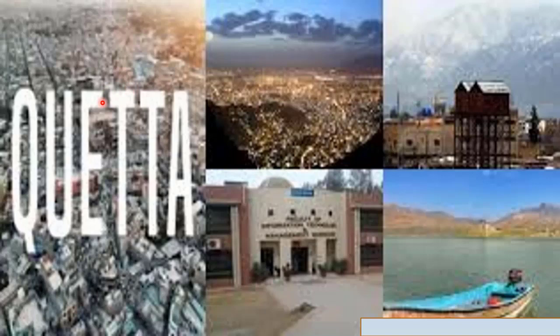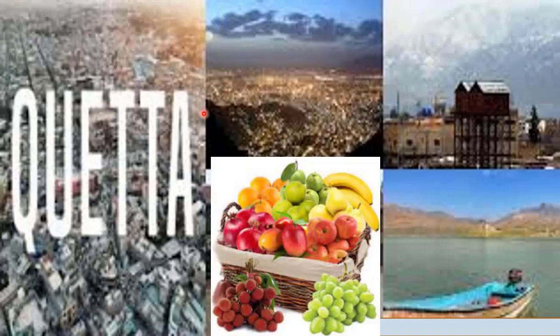Quetta. It is located in Pakistan. This city is known as the fruit garden of Pakistan due to the numerous fruit orchards in and around it, and the large variety of fruits and dried fruit products produced here.